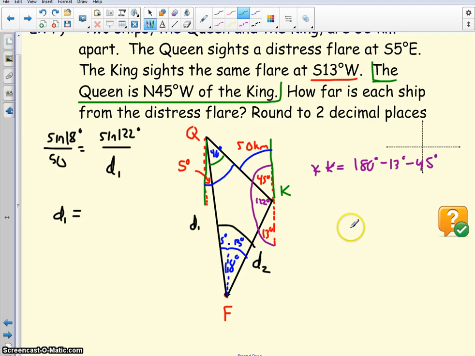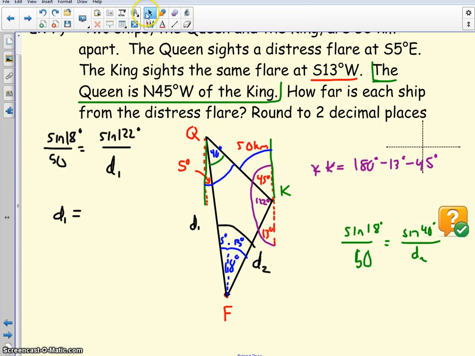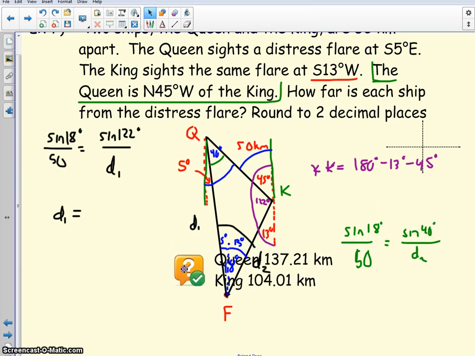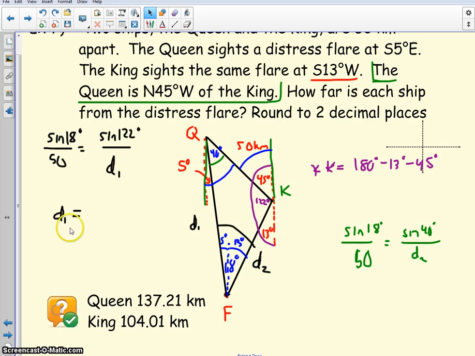And for the other one, 50, and you'll have sine of 40 degrees over D2. So I'll let you solve those on your own. If you're still not sure about the algebra, just come and ask me, but you should get those two distances for your answers.